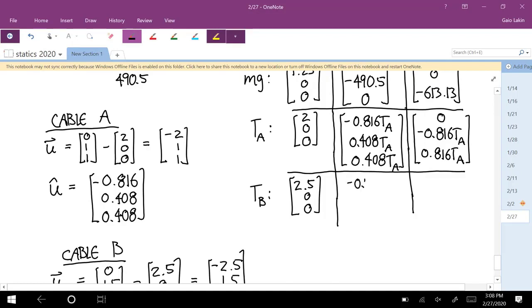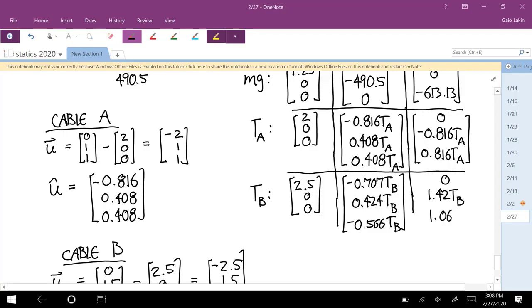So negative 0.707 TB, positive 0.424 TB, and negative 0.566 TB. And now take the cross product of those two vectors, and you get 0 for x, 1.42 TB for y, and 1.06 TB for z.